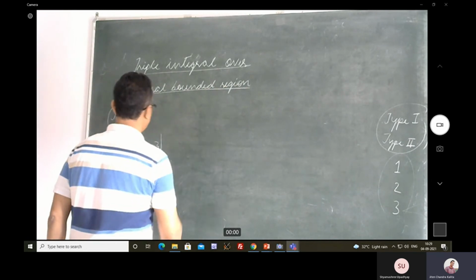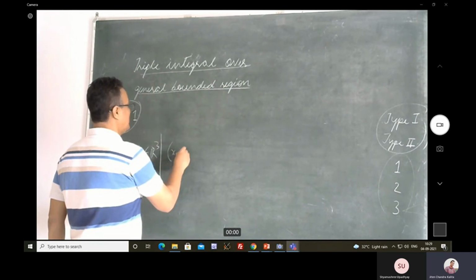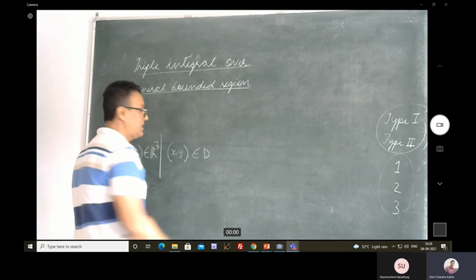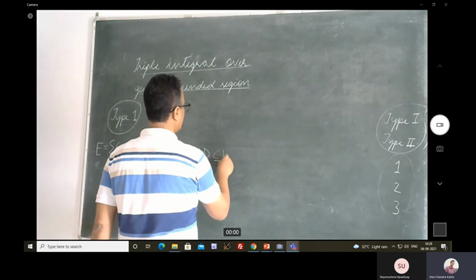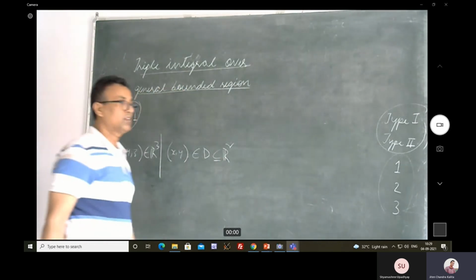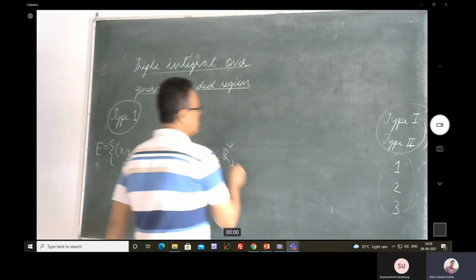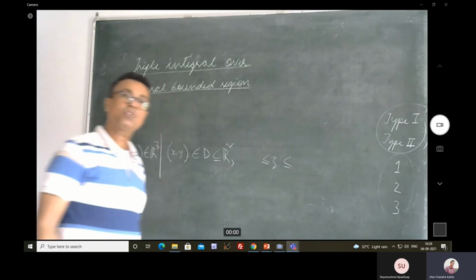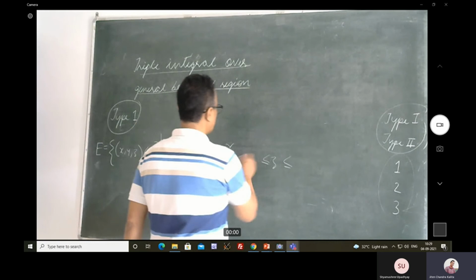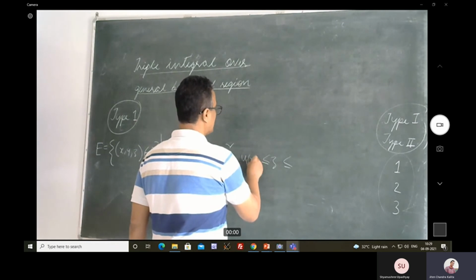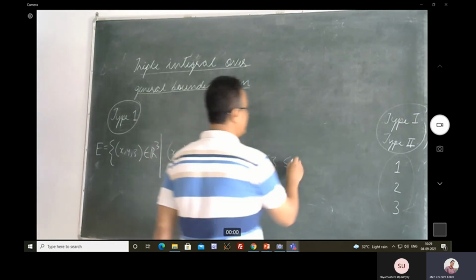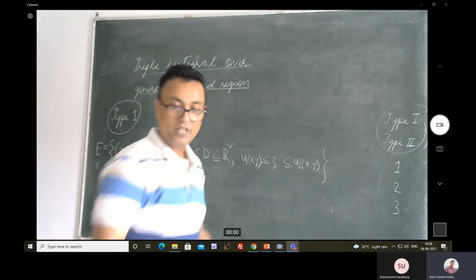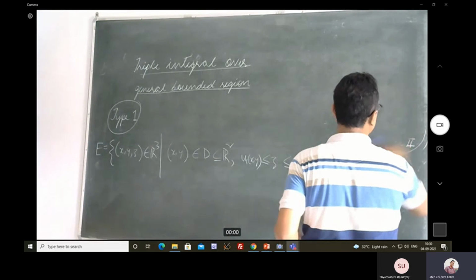It will be such that your (x, y) is going to lie in some domain D, of course a bounded domain D in R2, and your z is going to be bounded by two surfaces given by maybe u1(x, y) and u2(x, y). Okay, and the situation is going to be like this.